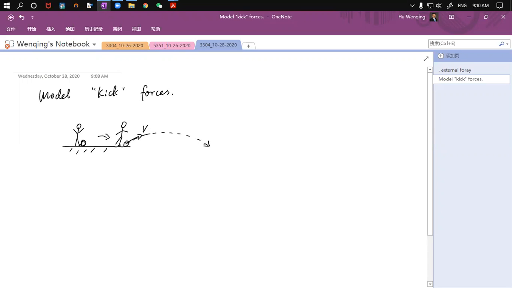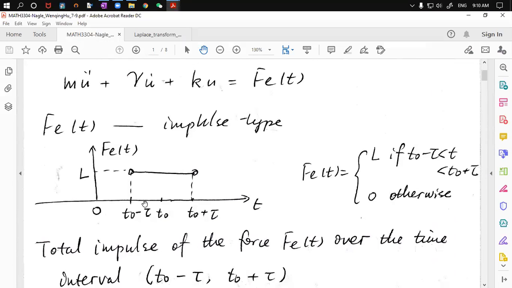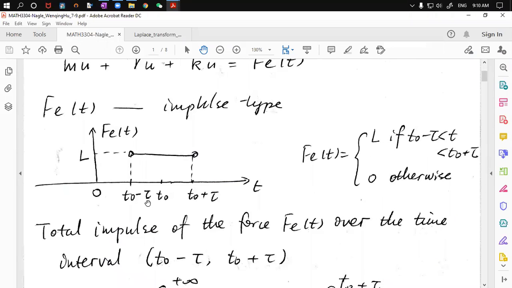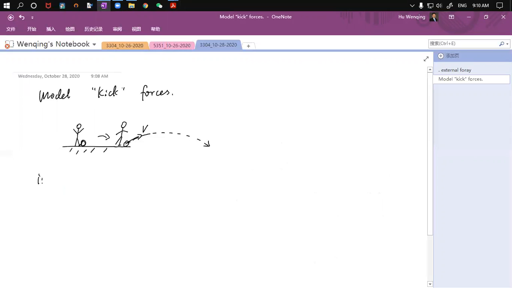So this is a typical kick force. How do we think of it mathematically? We're going to think of impulse type forces.